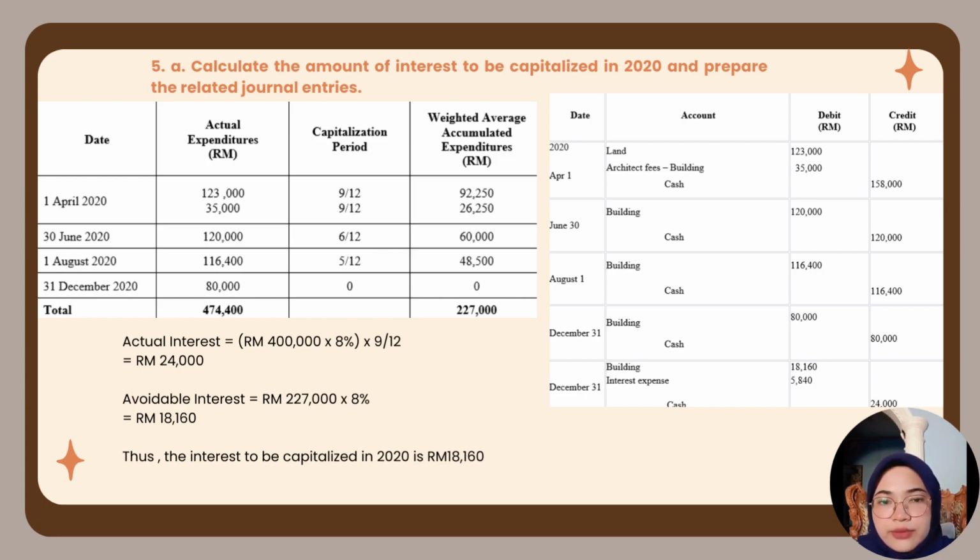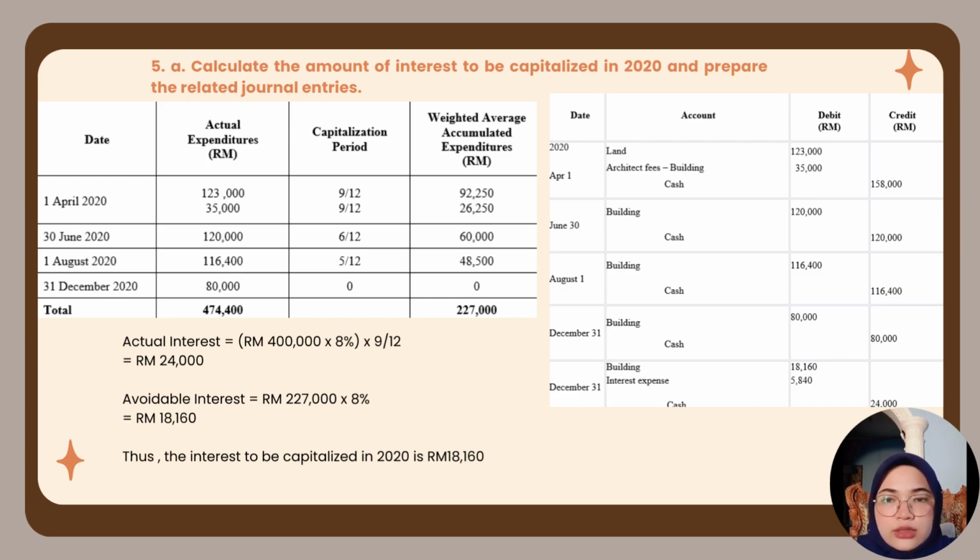For question number 5, calculate the amount of interest that is capitalized in 2020 and prepare the journal entries. To calculate the amount of interest, first we need to calculate the actual interest. For the actual interest, 400,000 multiplied with 8% of interest and multiplied with 9 months equals 24,000. Next, we need to calculate the avoidable interest.